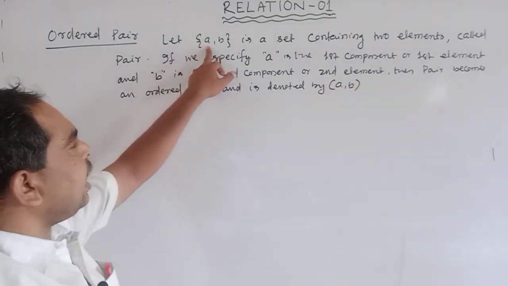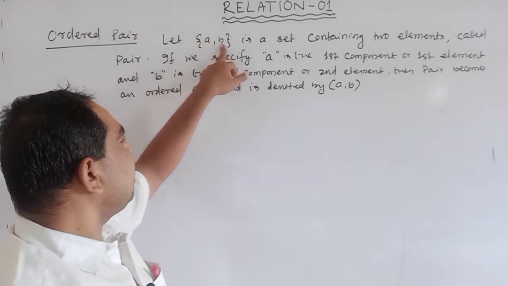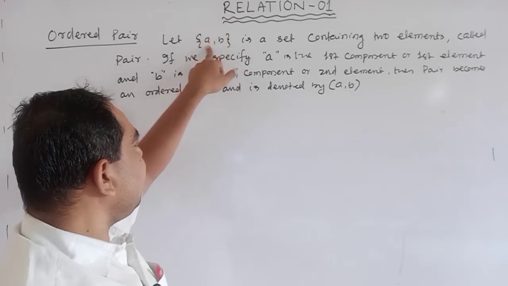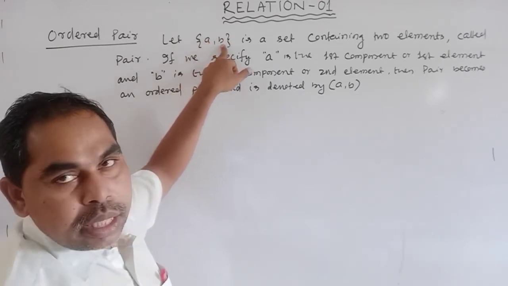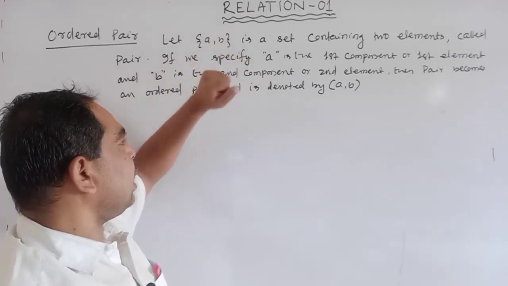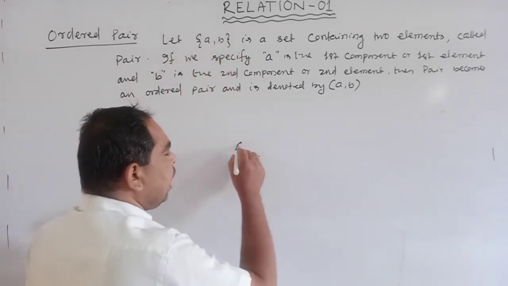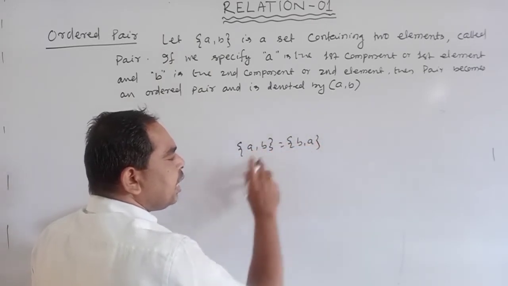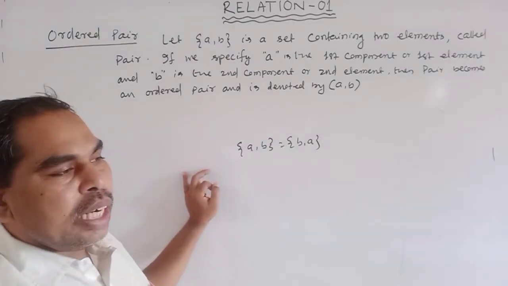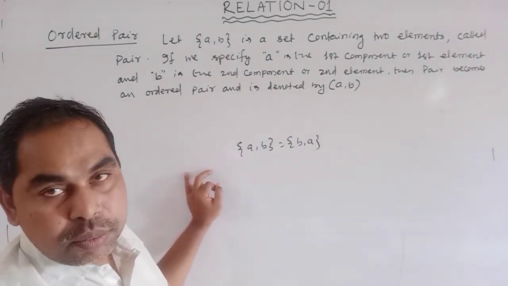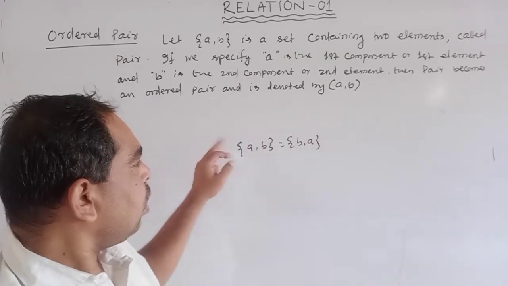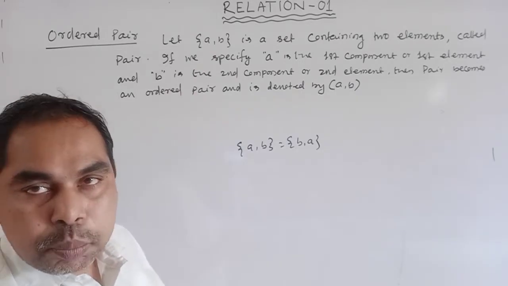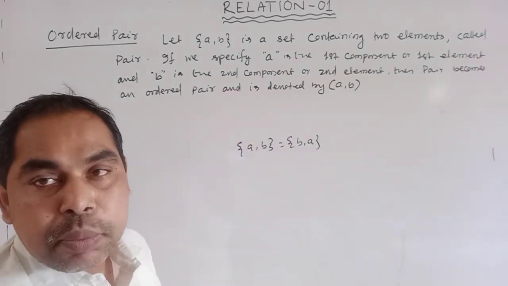This is called a set. It contains two elements between two curly braces. A and b are two elements in a set. So we can write {a, b} equal to {b, a} because it is a set. In a set we can write all the elements without any order. But here we specify a as the first component and b as the second component.